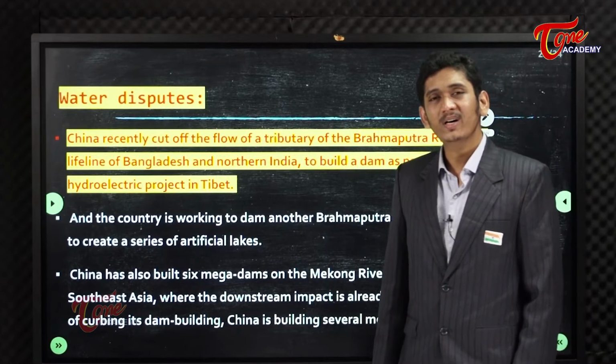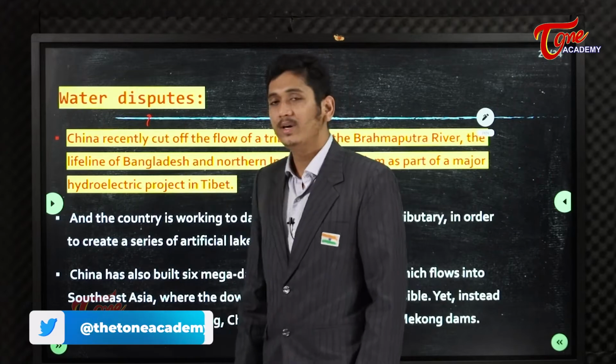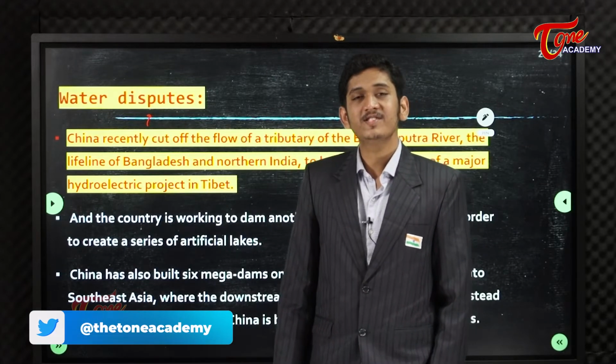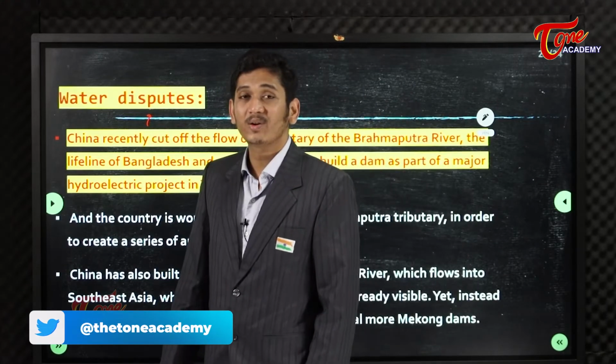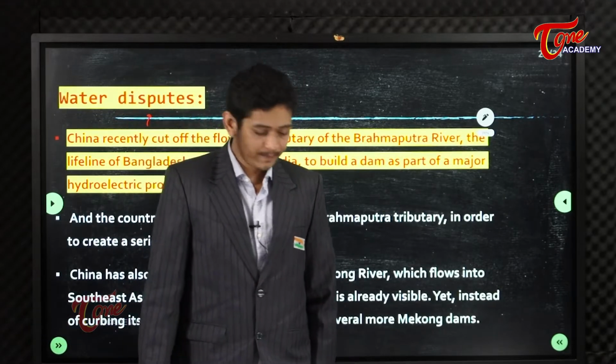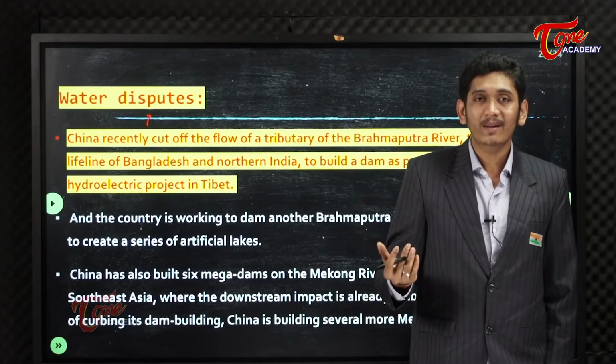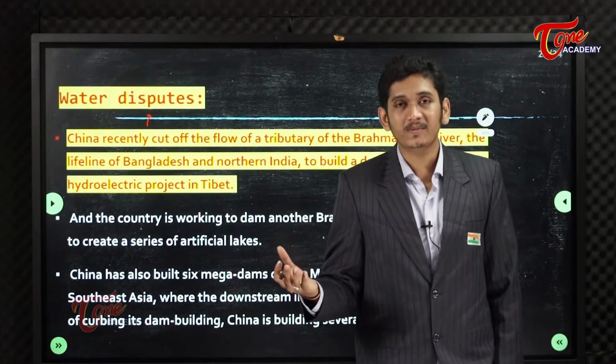We do not have direct water disputes with China, but China is consistently building dams, especially on the Brahmaputra river, which is the lifeline of Bangladesh. Okay, please note this important point, lifeline of Bangladesh. All these dams are ticking bombs.